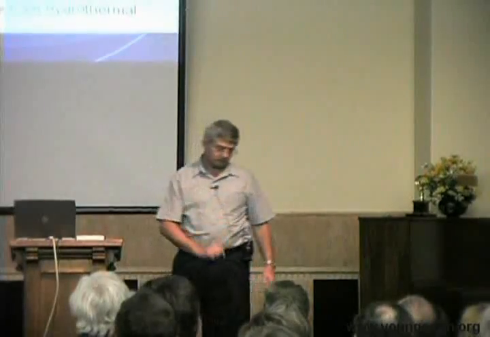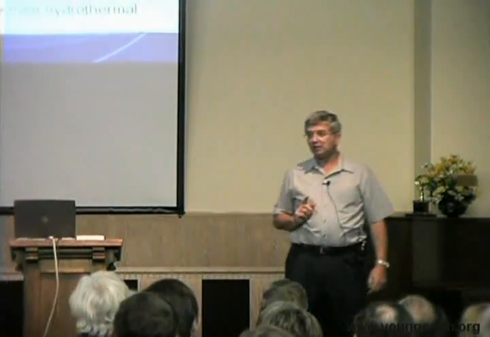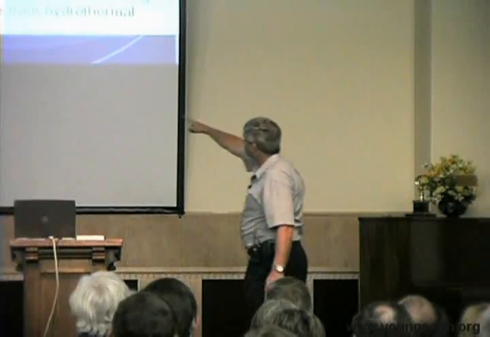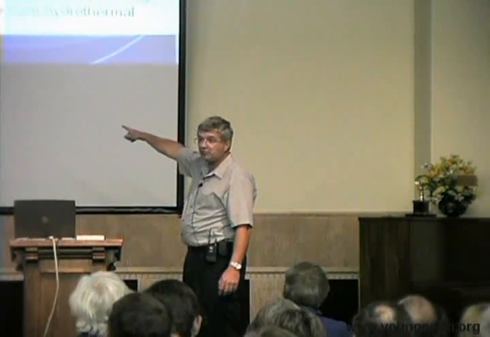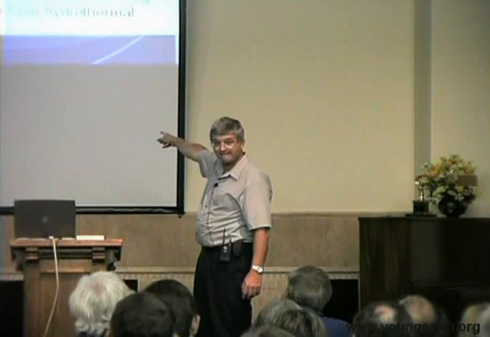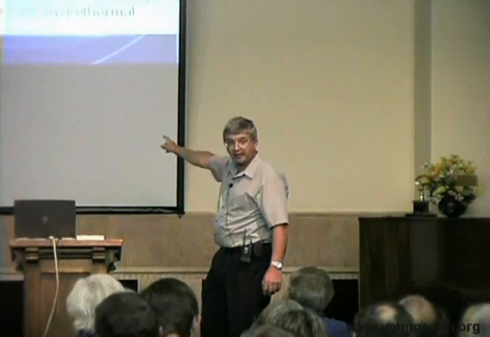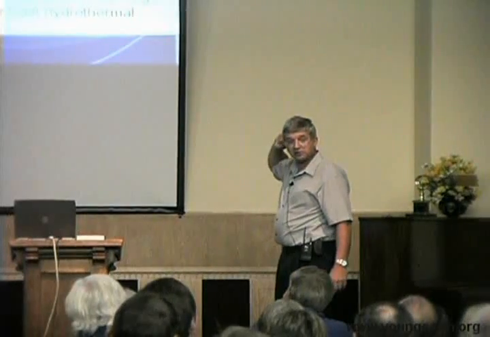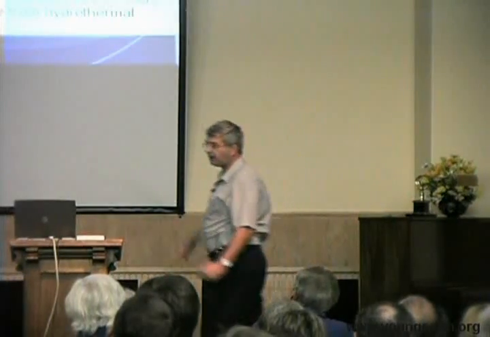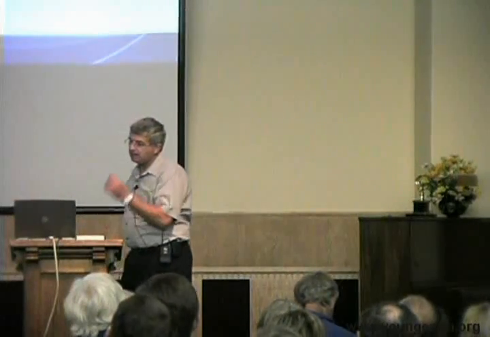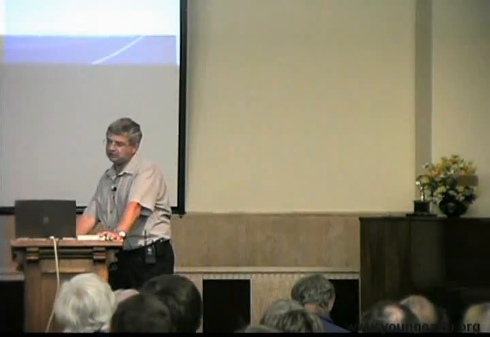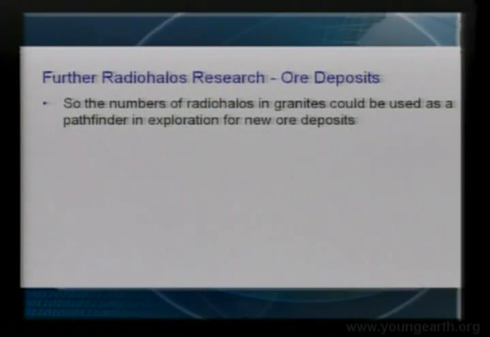What he didn't report was that these minerals are associated with hydrothermal uranium ore veins. The reason why he found so many large numbers of polonium radiohalos was because there were larger concentrations of uranium associated with these minerals. So the numbers of radiohalos in granites could also be used as a way of exploring for new ore deposits.